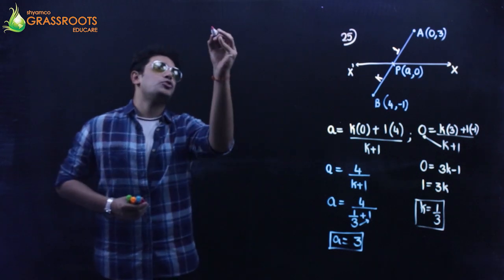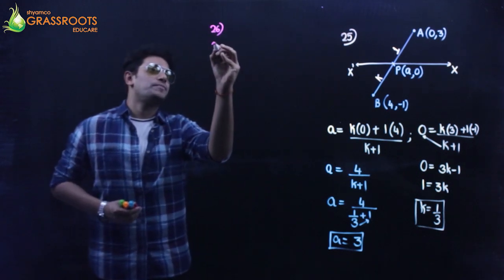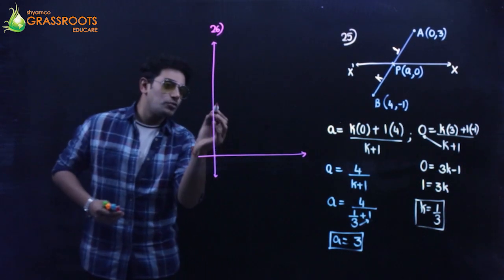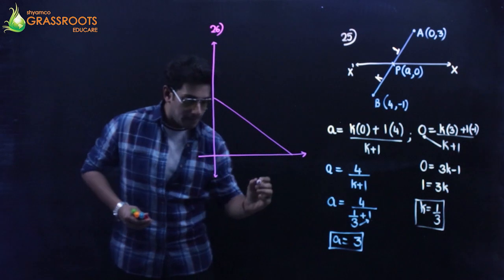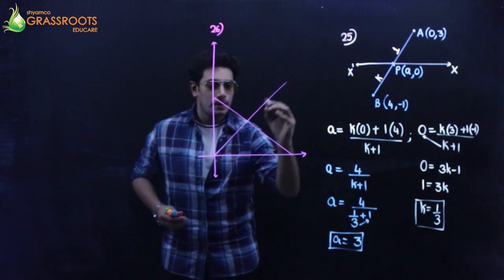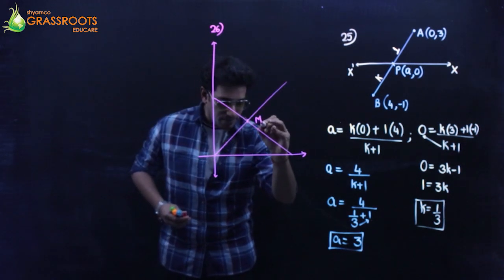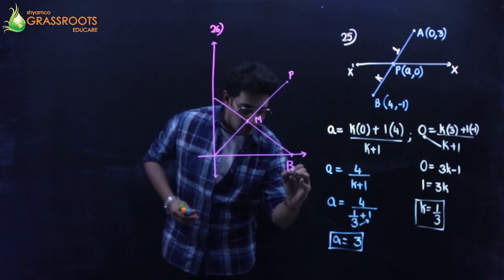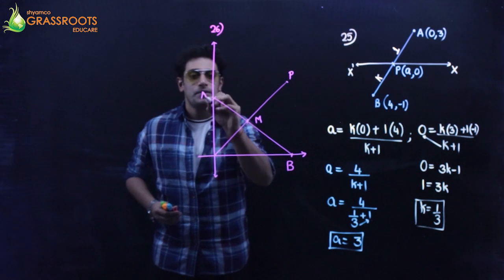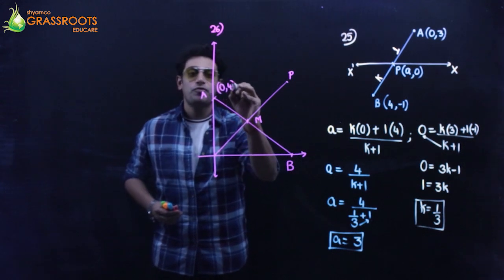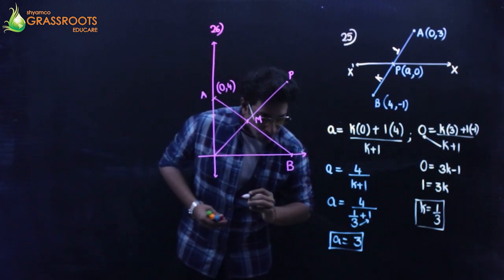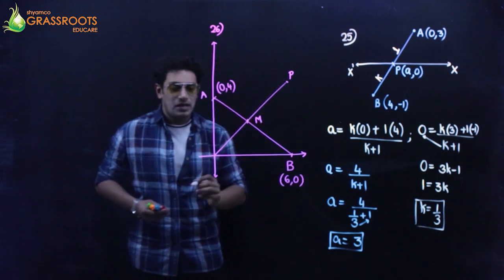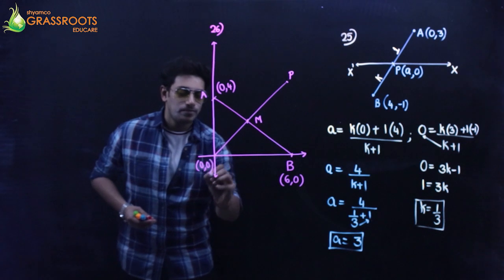There is a diagram given in this question. A diagram looks something like this. This point is M, this point is P, the point B out here, and the point A out here. A coordinate is 0, 4 given. B coordinate 6, 0. Fine. And this is the origin 0, 0.